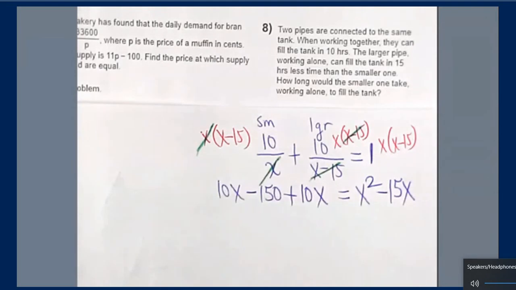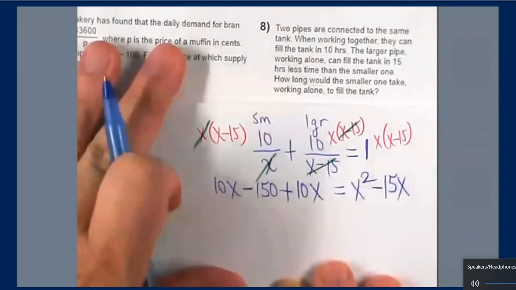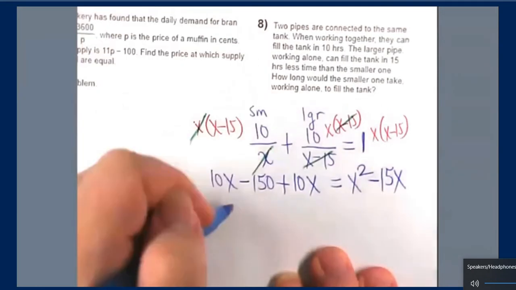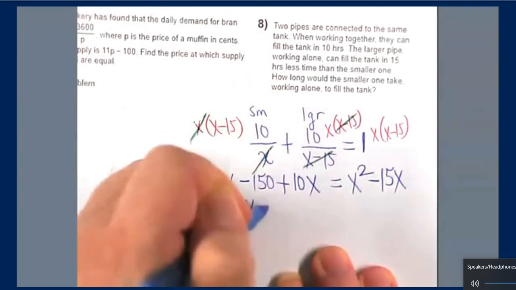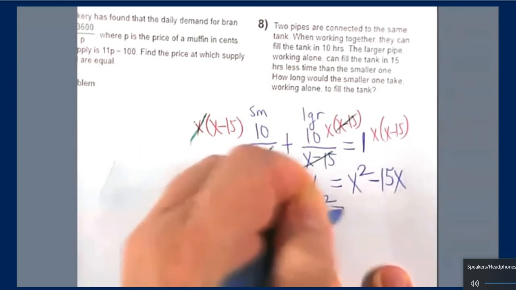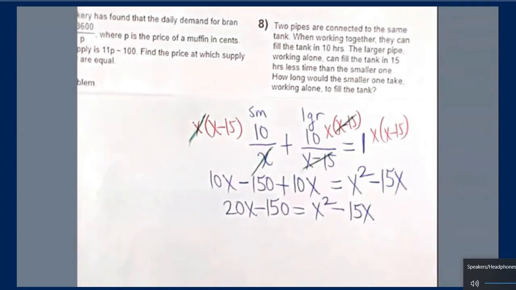Back on the left side, combine your 10x's. So that would be 20x minus 150 equal to the right-hand side. Now, we have a quadratic equation forming, but we need to move all of our terms to one side in order to solve it.